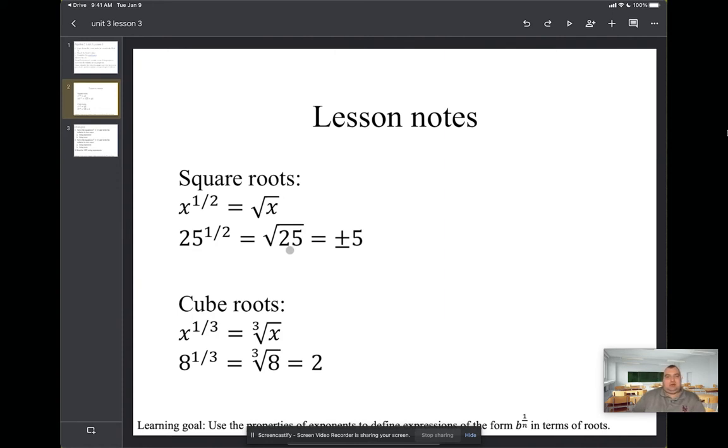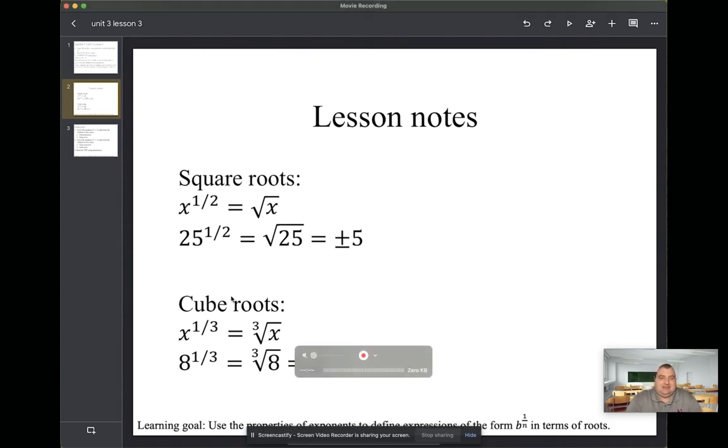We know that the square root of 25 is positive or negative 5. We could also rewrite the square root of 25 as 25 to the power of 1/2. If I were to go in a calculator and type in 25 to the power of 1/2, I would get an answer of 5. So long story short, square roots are equivalent to an exponent of 1/2.